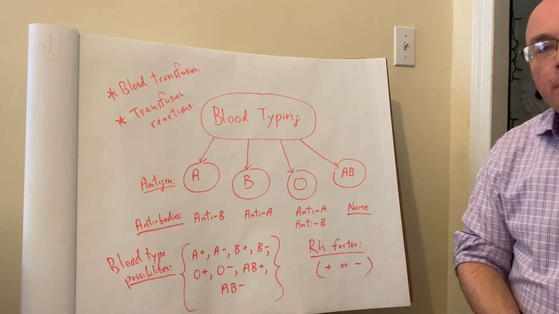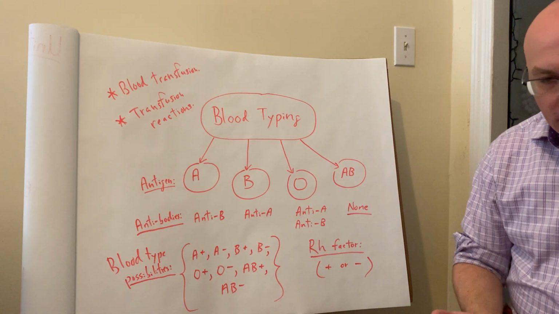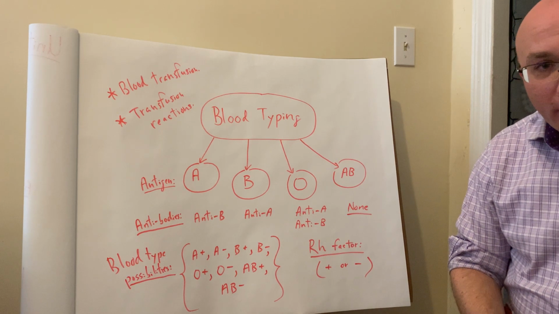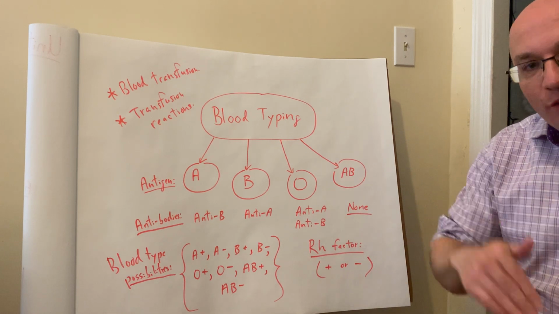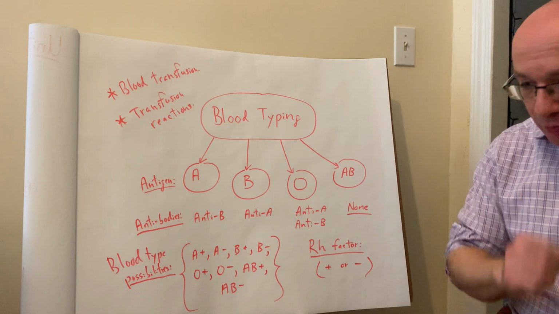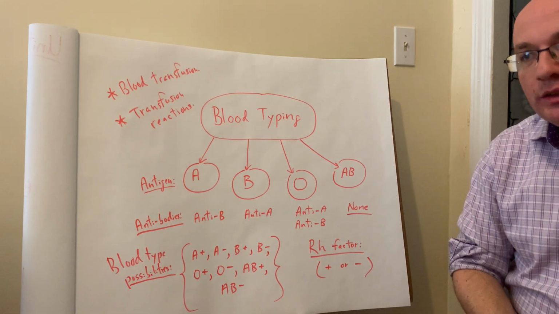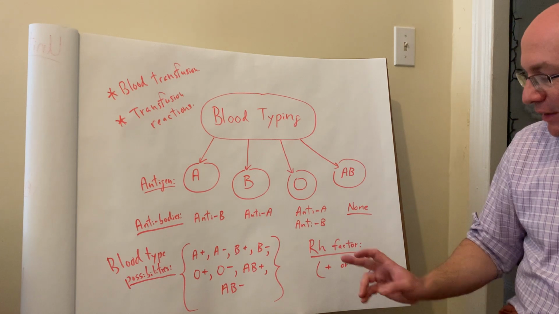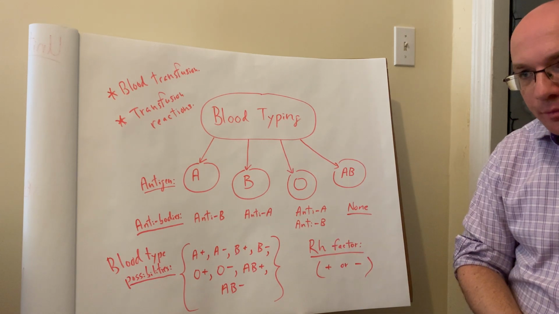Now, just to make this a little bit more complex, as we often have to do in anatomy or in biology, there's that additional antigen system that we use. For the purposes of this discussion, to make this more understandable and straightforward, I'm going to call this system just Rh factor.